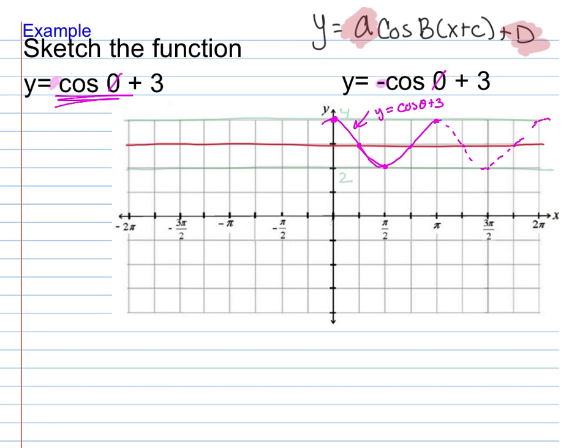If I do the next one, it is negative. So that means it starts at a minimum and then goes intercept, max, intercept, min, and then this function will be going this way. So this function right here would be y is equal to negative cosine of theta plus 3.